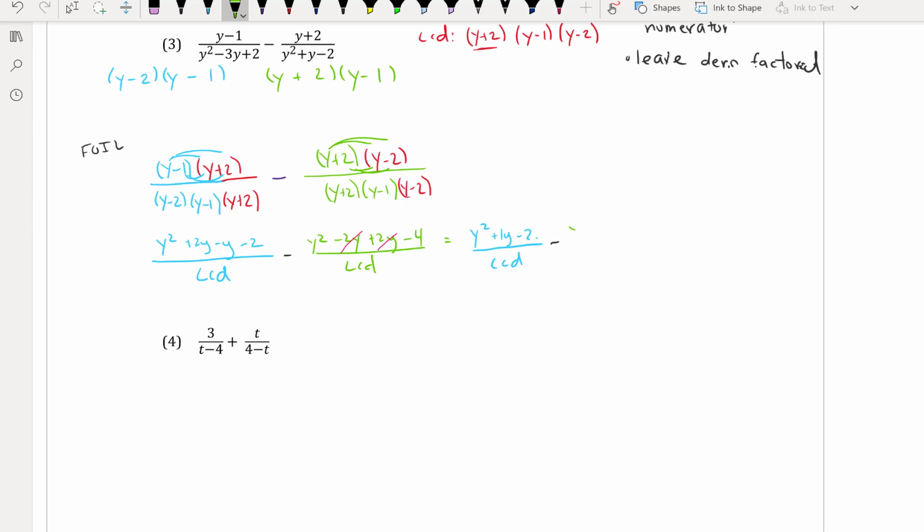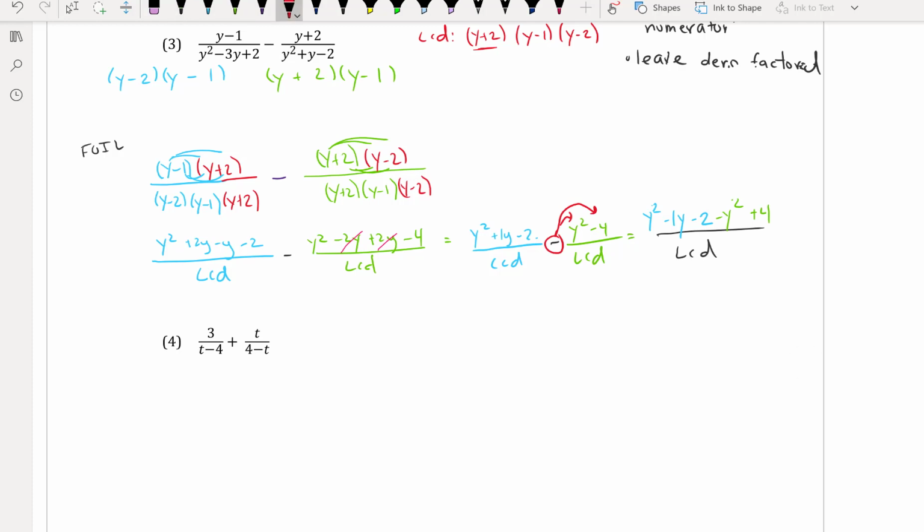And so I'm left with y squared minus 4 over my LCD. So combining like terms, I'm going to have my y squared minus my 1y minus 2. Don't forget that this is negative, so I have to distribute the negative to both. So it's going to be a negative y squared and a positive 4 all over my LCD.